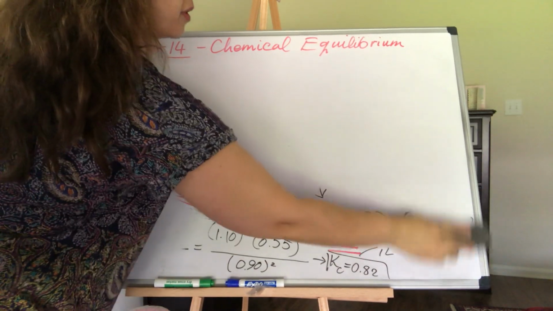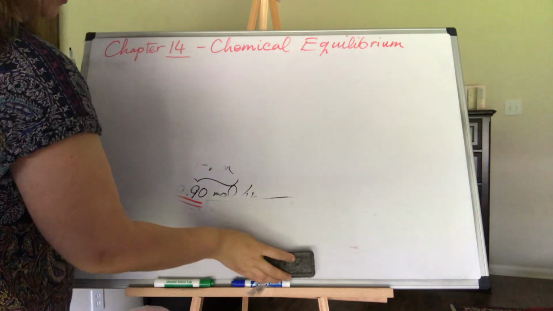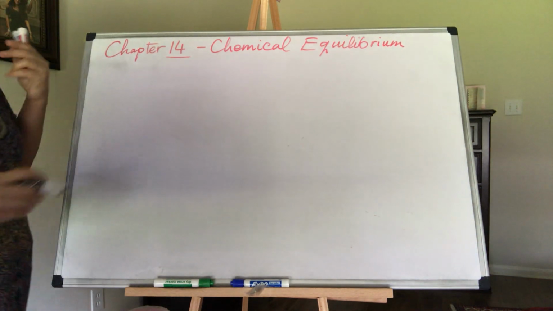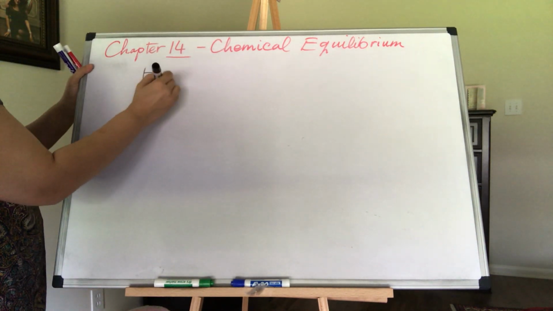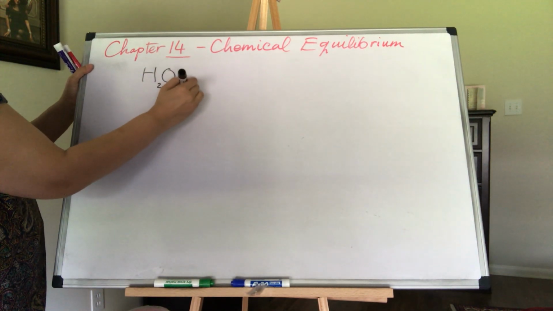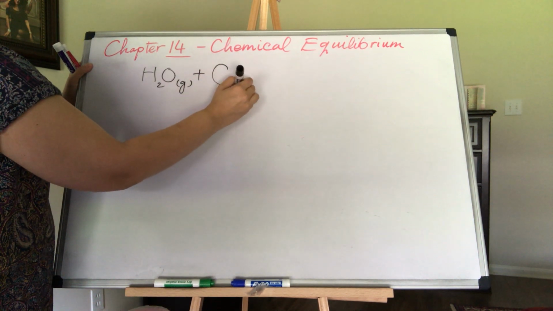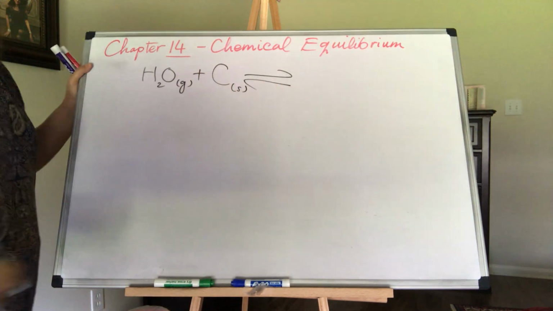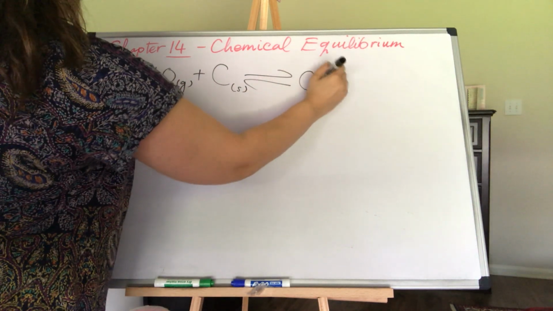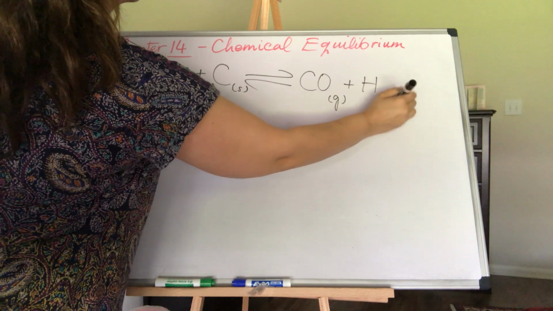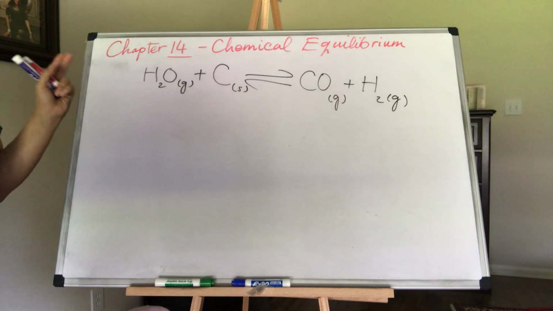So far, if you go back to all the equations you had, everything was in the gaseous form. What if we have some water vapor reacting to form solid carbon and carbon monoxide gas plus hydrogen gas.